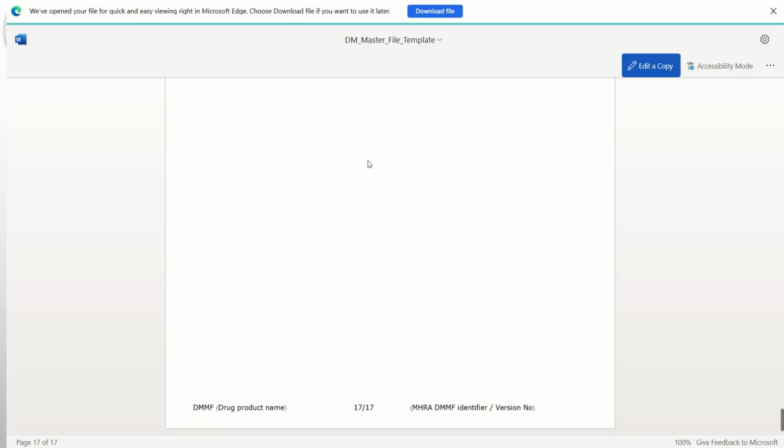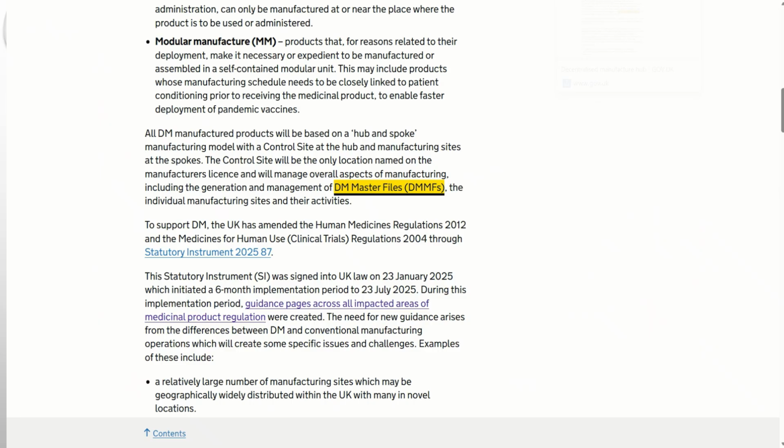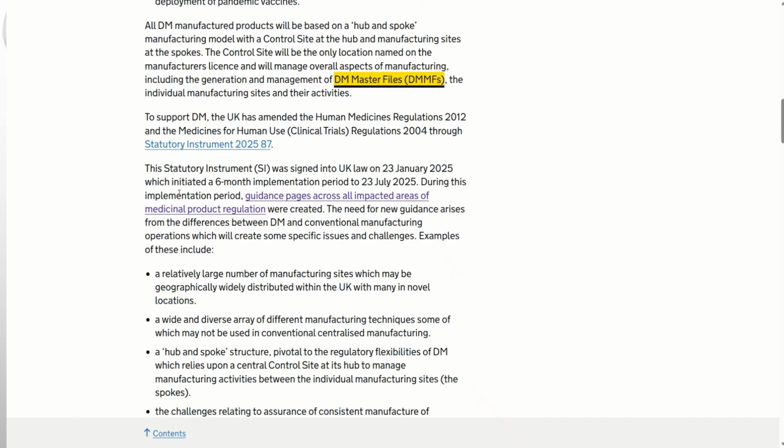Version history. So this is a copy of your master file. And then this is the statutory instrument that was used to change the Human Medicines Regulations 2012 and the Medicines for Human Use Clinical Trials Regulations 2004.